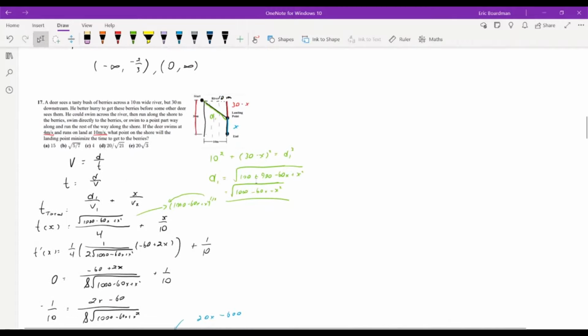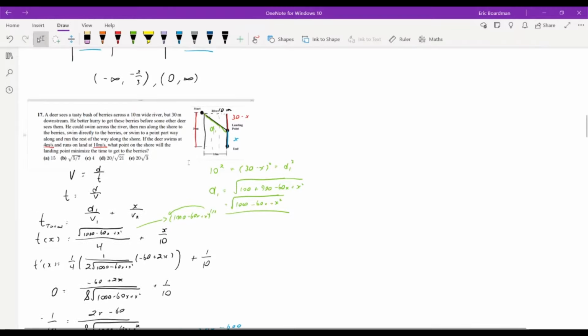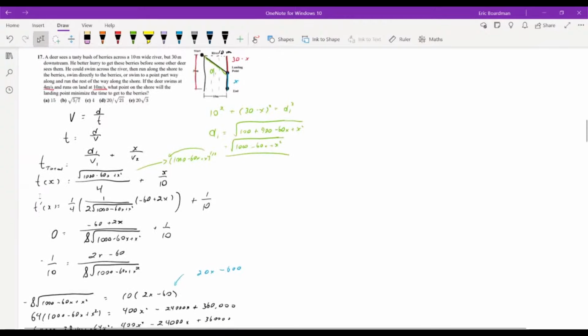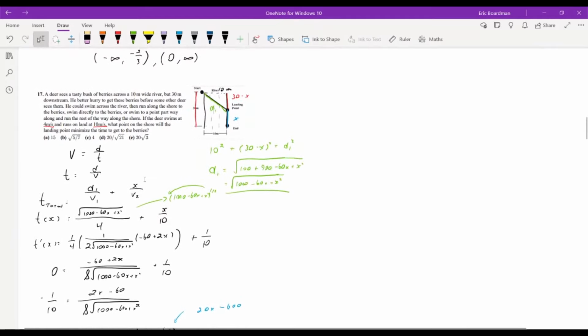The answer isn't in the MC. Oh yeah, I didn't even see the multiple choice. Swapped x and 30 minus x. It should still be good because I have x here and then this is x.